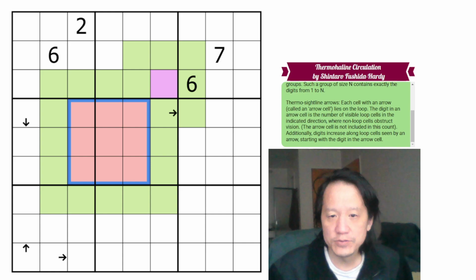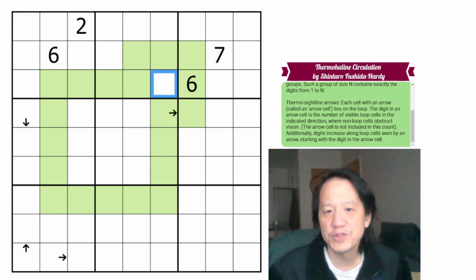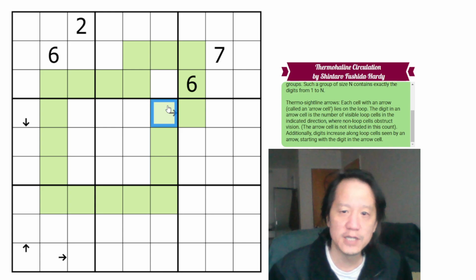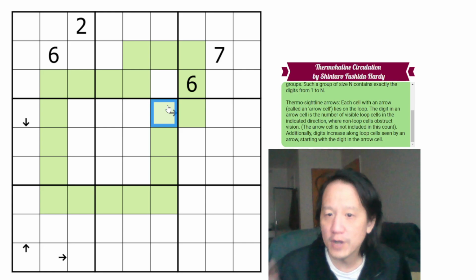Okay. Thermo sightline arrows. Each cell with an arrow, called an arrow cell, lies on the loop. So every one of these cells lies on the loop. A digit in an arrow cell is the number of visible loop cells in the indicated direction, where non-loop cells obstruct vision. Oh, interesting.